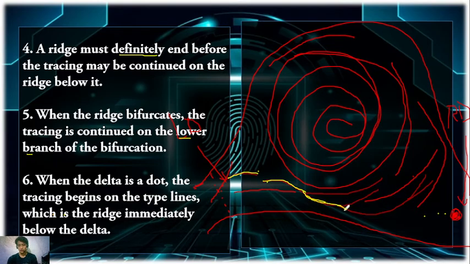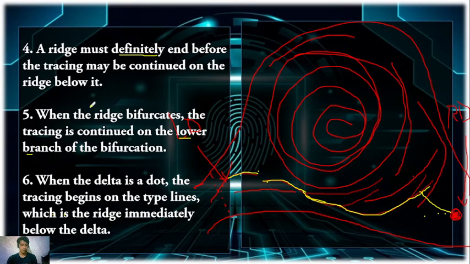Still, we are going to follow the lower branch until we reach the point wherein it is nearest, facing our right delta. Okay, so that is for rule number 5.